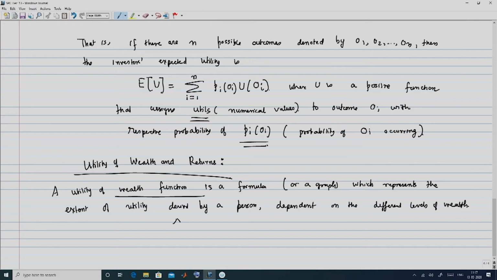So, graphically a typical utility function in case of risk averse investor will have the wealth on the x axis and the corresponding utility u of w on the y axis, and it is basically going to look something like this.